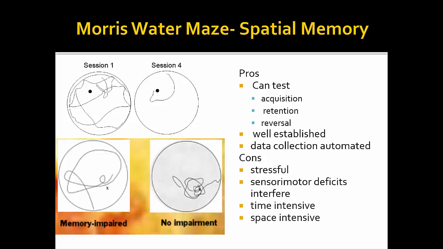So you can look here, once you train, session 1, the animal has to find the platform, which is hidden under this latex white paint. And they have to find it. And then by session 4, you can see that they found it. Well, what if you did something to the animal? For example, I have an example.